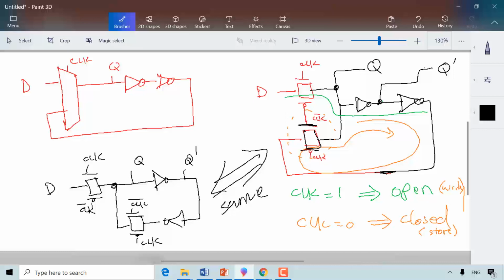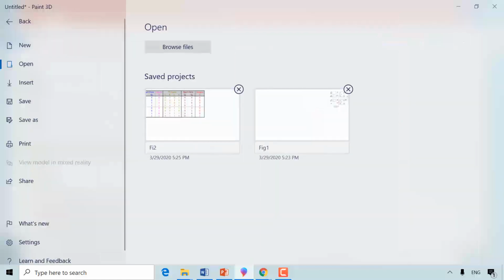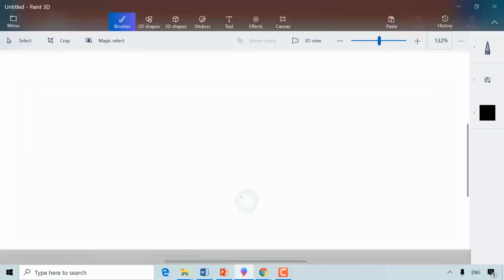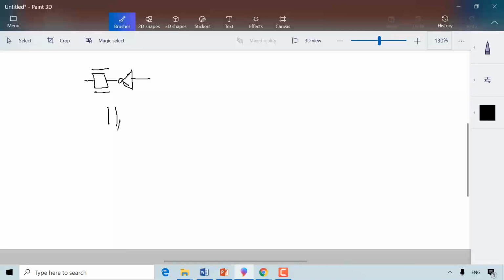Sometimes as well, we studied in tri-states that you can have this transmission gate and an inverter which feeds to it. It can be implemented using a tri-state. So an equivalent in functionality to this design, it's not the same, is to use a tri-state.